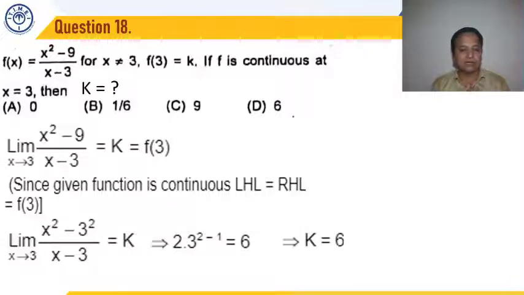The value of the limit comes out to be 6, so we put 6 equal to k for the function to be continuous. And we have to mark it among the choices. So we had our choice as option D. So we use a standard formula to find the value of this limit and equate it to the value of the function at 3 so that the function becomes continuous.